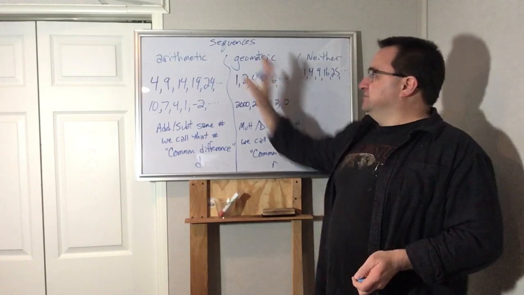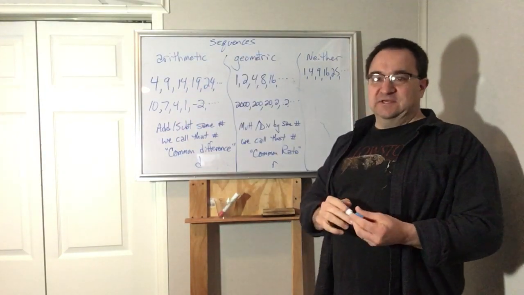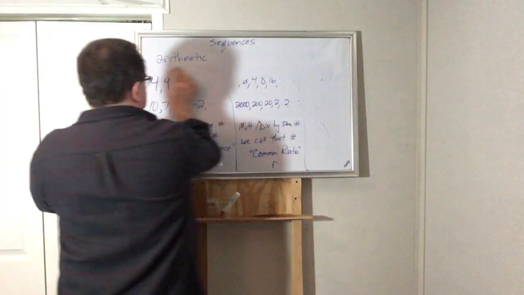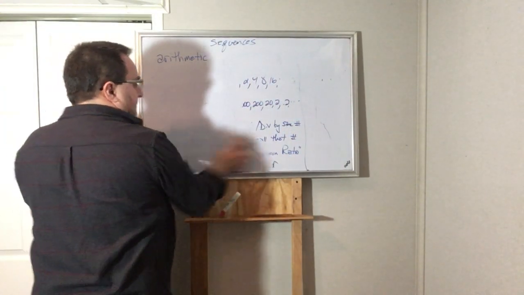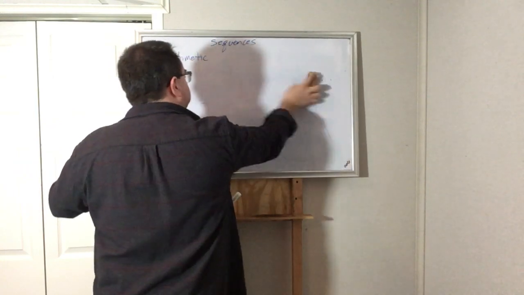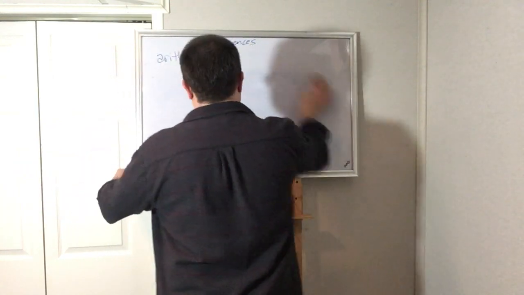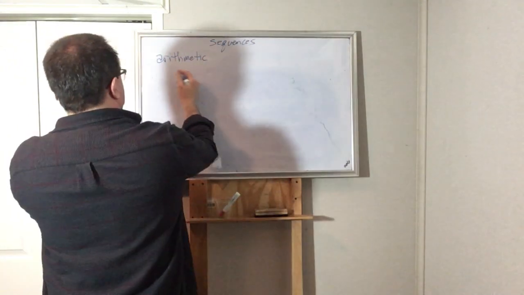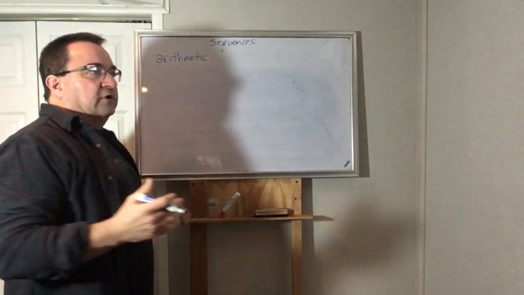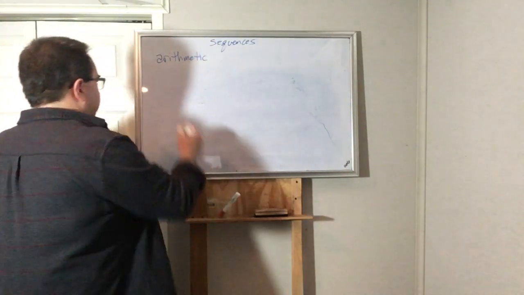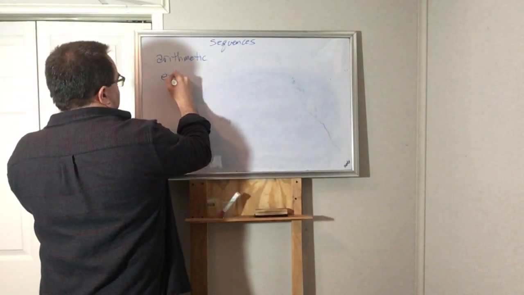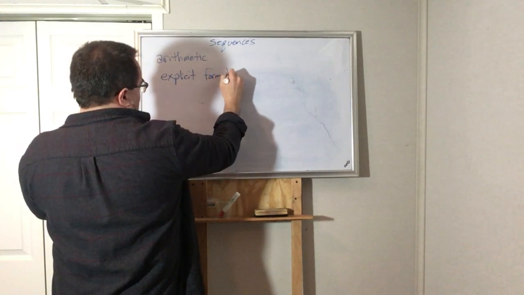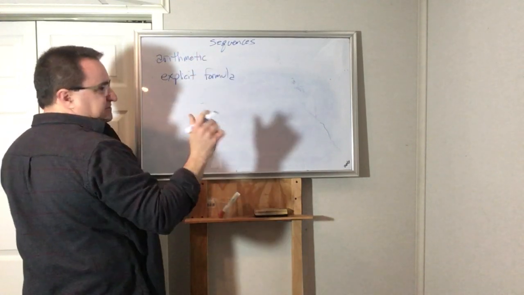So our first lesson focuses on arithmetic sequences. So let's get rid of this and talk about arithmetic sequences. So let's start with, there's formulas for sequences. There's an explicit formula, and this is for arithmetic specifically.